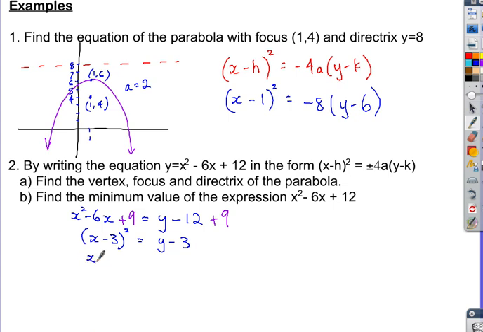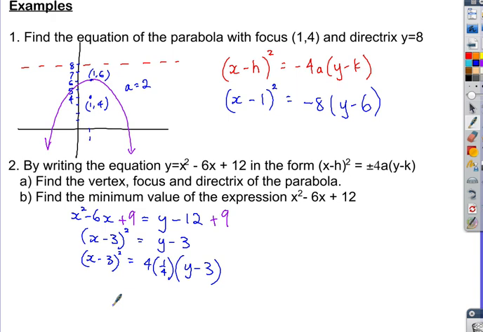So we write it like this, x minus 3 all squared equals 4a times y minus 3. Then it pretty much is in that form, because 4 times a quarter is just 1. So when you've got nothing in front of the y minus 3, that means 4a must equal 1. So a equals a quarter. Because these two things are the same.